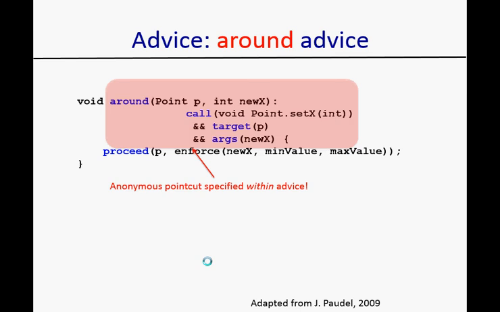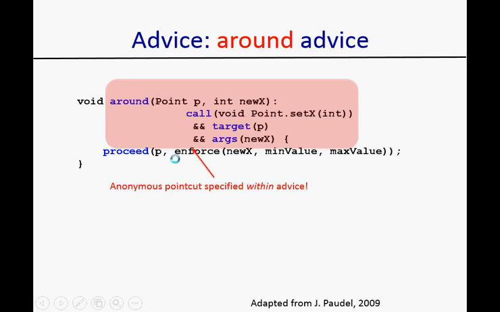Ladies and gentlemen, another type of point cut is around. In an around point cut, we have a call. We call to it, and we can intercept that.